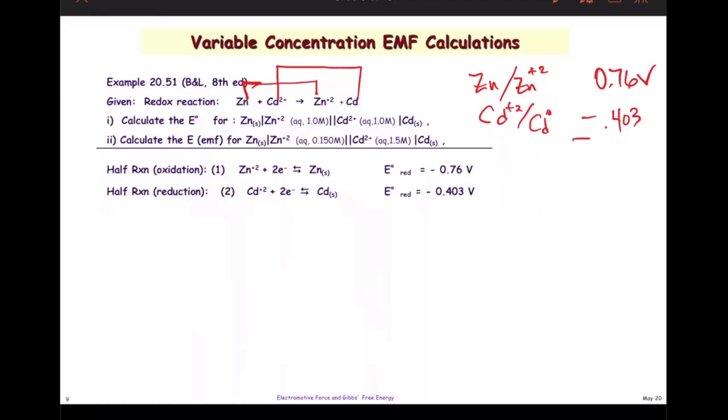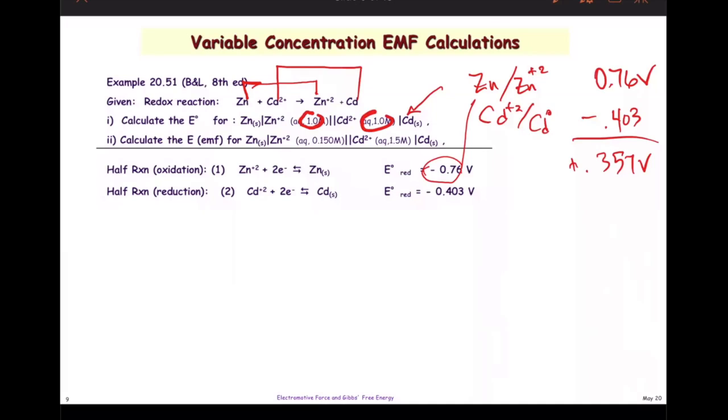So the potential of this cell right here, notice I've already reversed the sign because it's an oxidation, is going to be 0.76 minus 0.403. And that comes out to positive 0.357 volts. So that's the first part. Calculate the E0 for this reaction. Notice that they're all 1 molar. So that's standard state conditions.